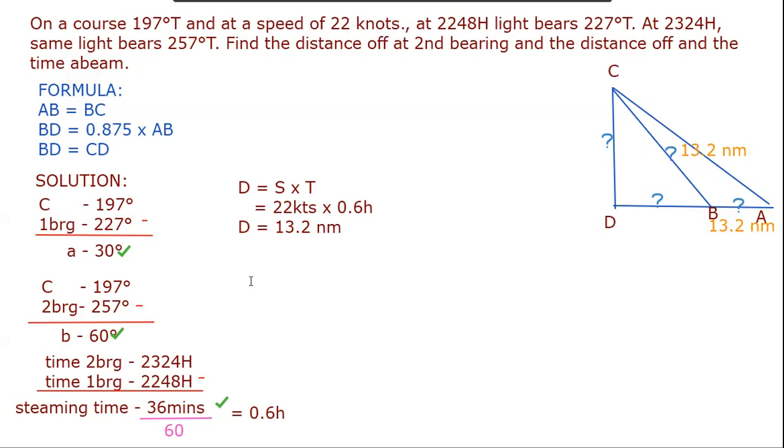So, BD is equal to 0.875 multiplied by AB, which is 13.2 nautical miles. So the answer for your BD is equals to magkano?